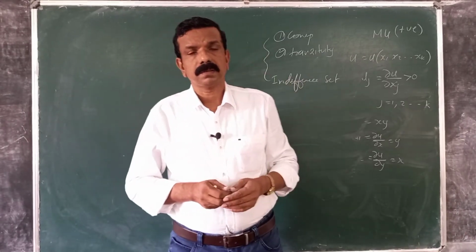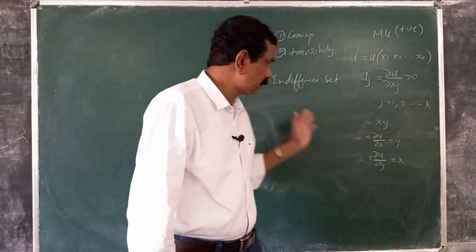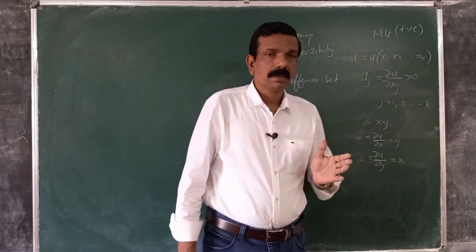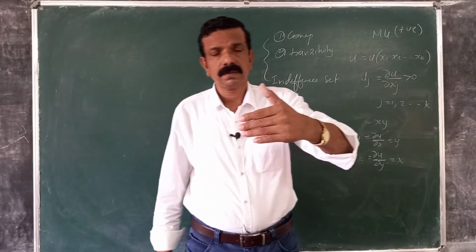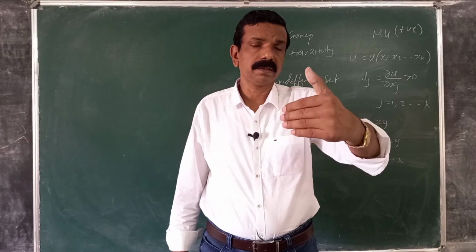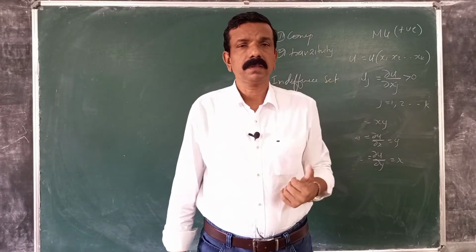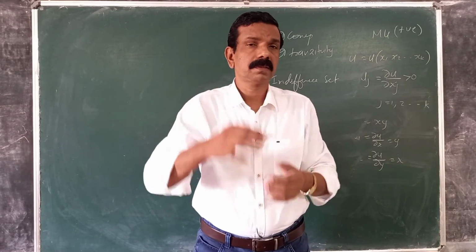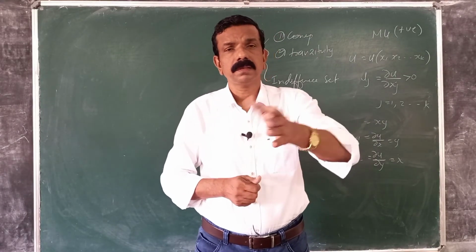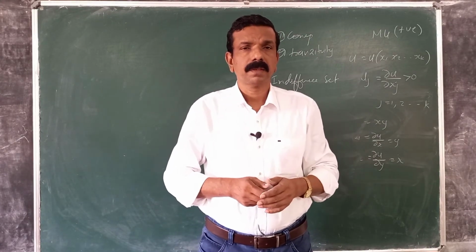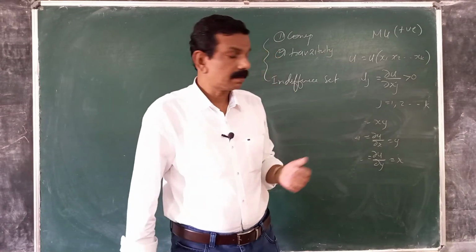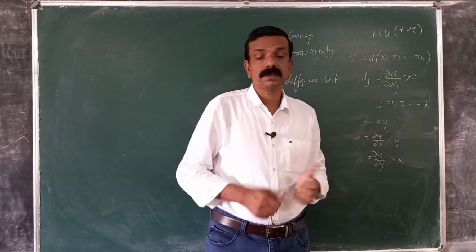If you move towards the right, and if a bundle contains at least a little more of one commodity, it provides more utility than the initial bundle. So the third axiom provides the direction of increasing utility.